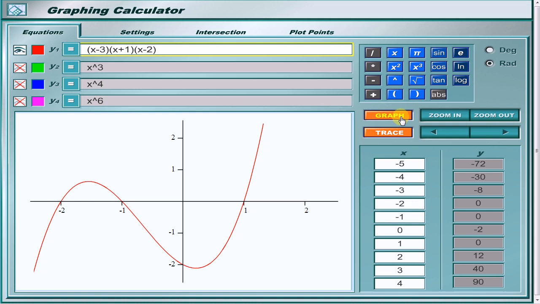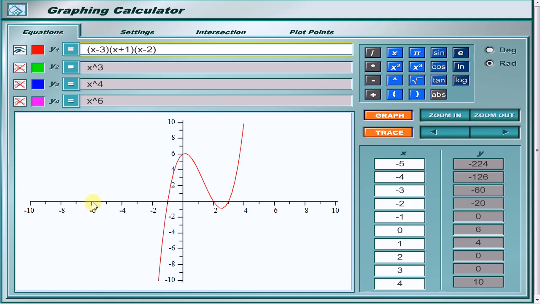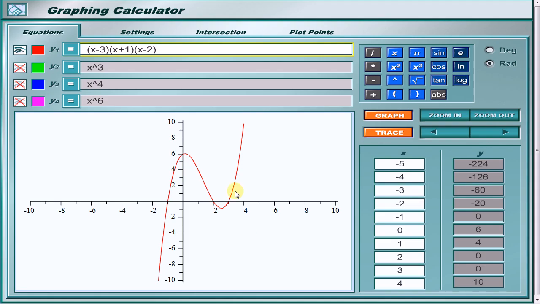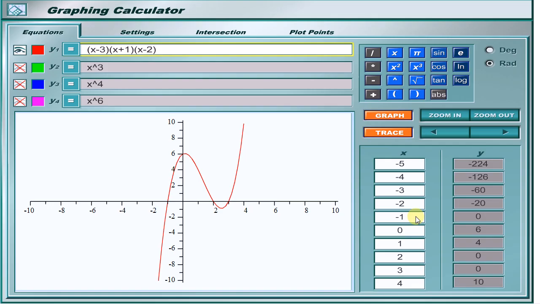Boom. And we'll zoom out. Okay, so see how it went up through -1, which we had. It went through the y-intercept of 6, came through 2, went down again. Remember, notice, see how close it is? We won't know until you get to calculus.